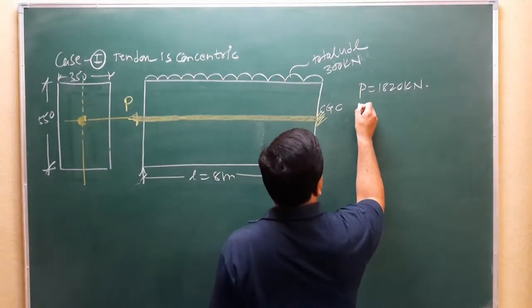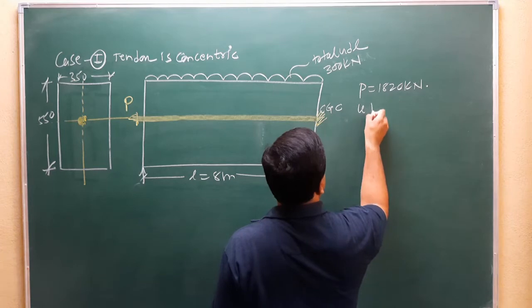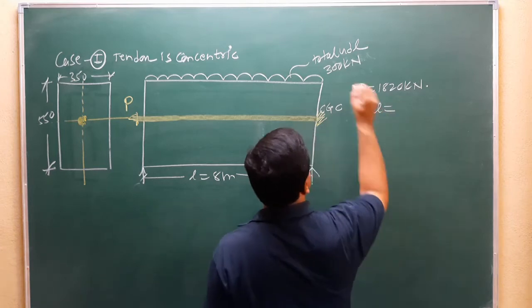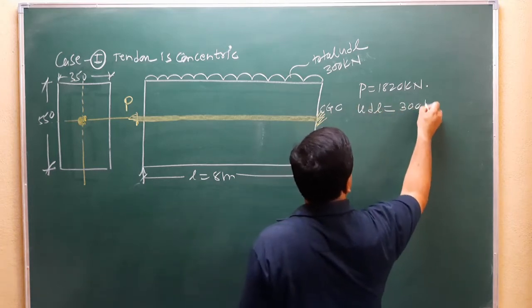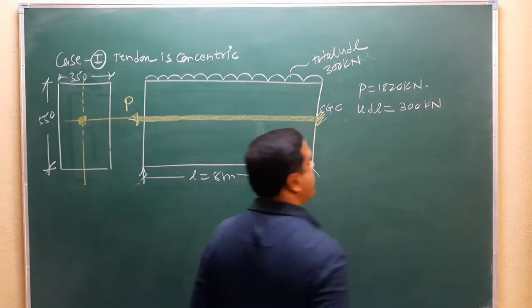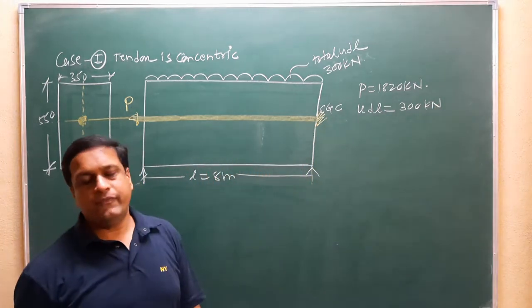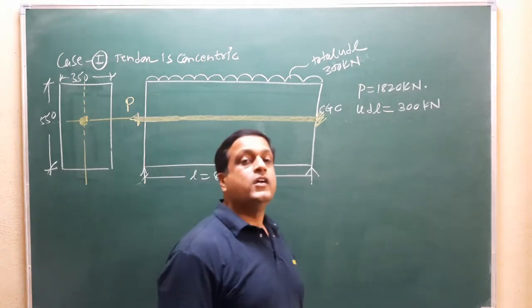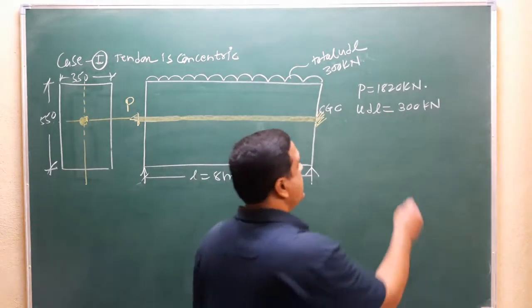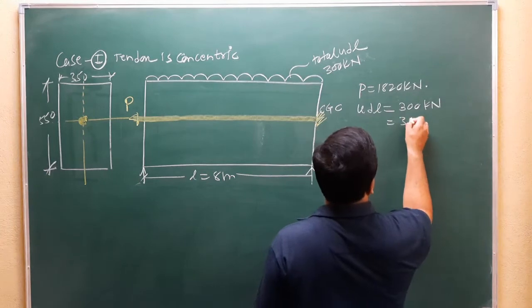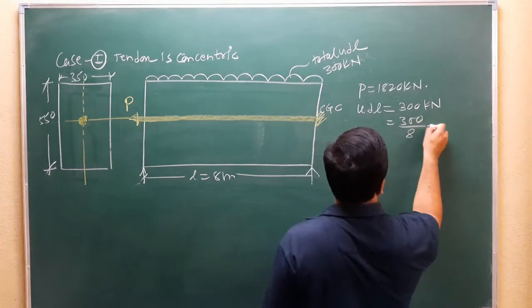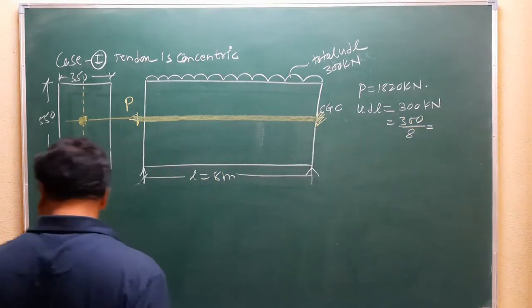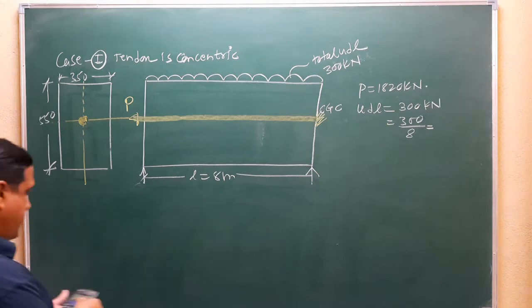Now, what is the UDL? UDL is given as 300 kilonewton, but the proper unit of UDL is kilonewton per meter. You have to convert that value into kilonewton per meter, that is, divide 300 by the span of 8 meter.